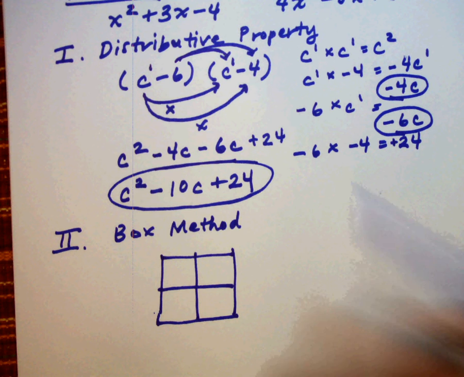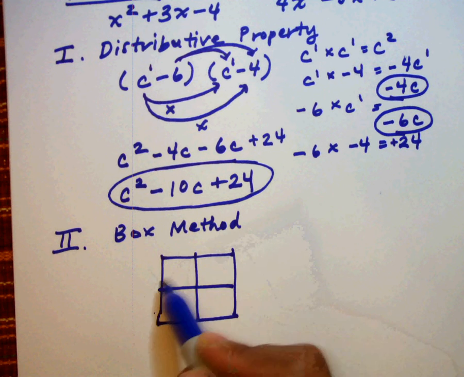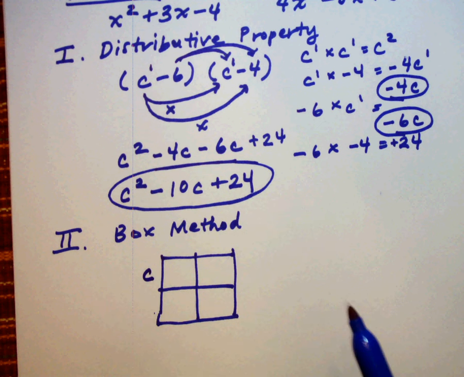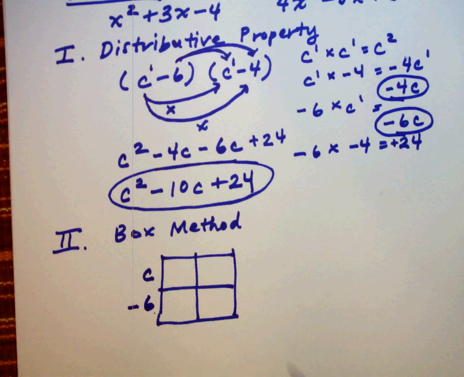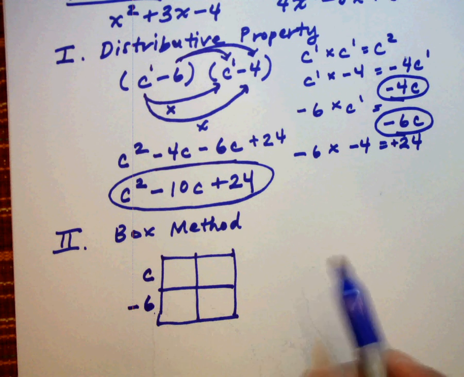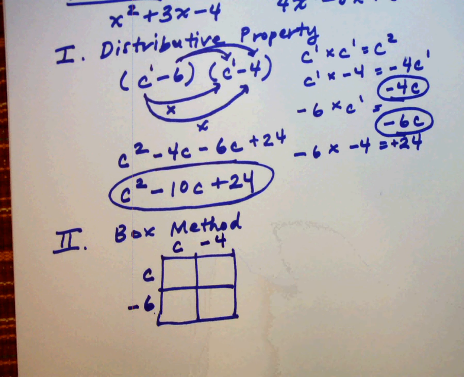I'll take each of these, c minus 6, and I'm going to put it. It doesn't matter where you put it. C for the first term, minus 6 on the same side, but right below it. And for this part of the square, I'm now going to put c and then minus 4 next to it.